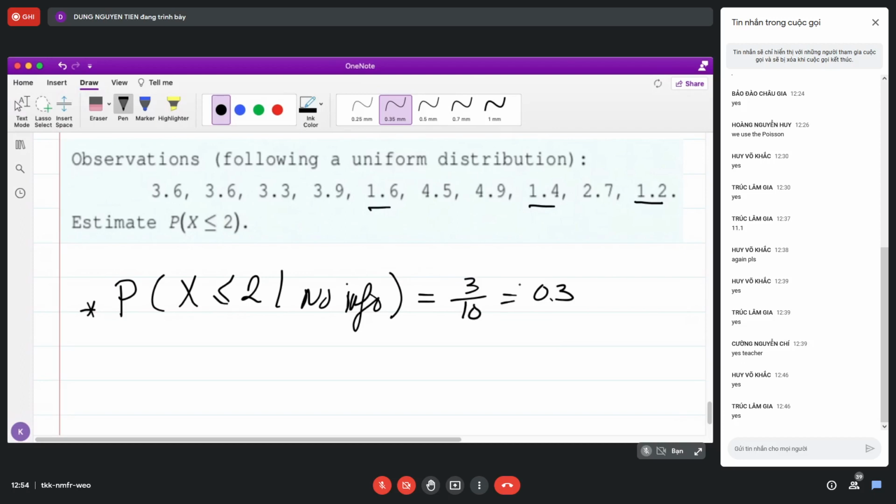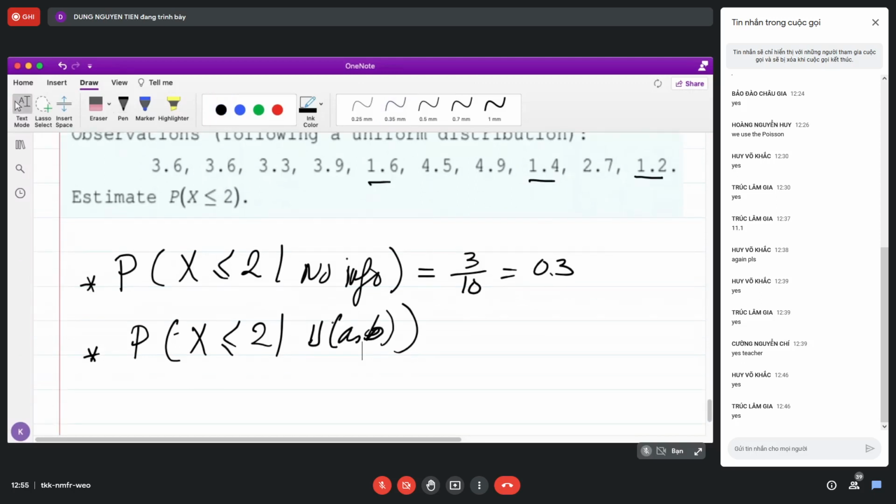How about the assumptions here? What if you know that the distribution is a uniform distribution? The point is that you don't know the two parameters A and B. Can you estimate them? Can you estimate A and B in this case? Do you know how to do that?